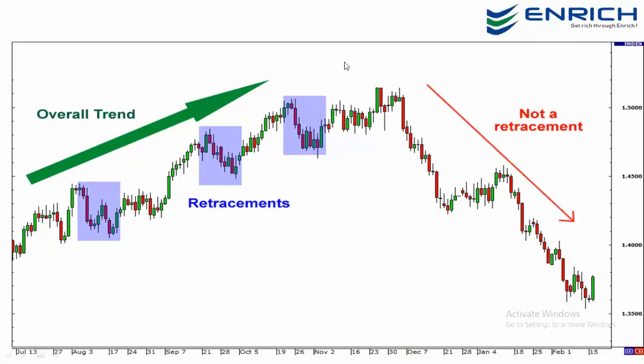It's moving upwards in one direction, with higher highs and higher lows. So from this point to this point, these are not reversals, these are retracements. A retracement means a temporary reversal, and it's completely different from a reversal.